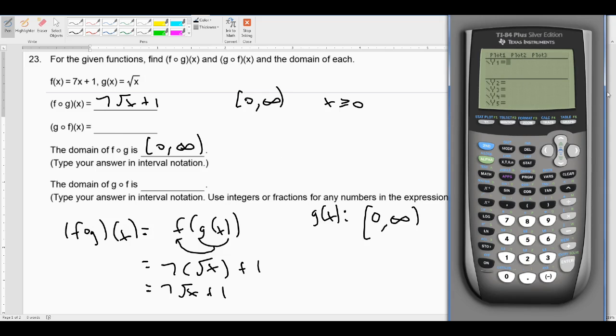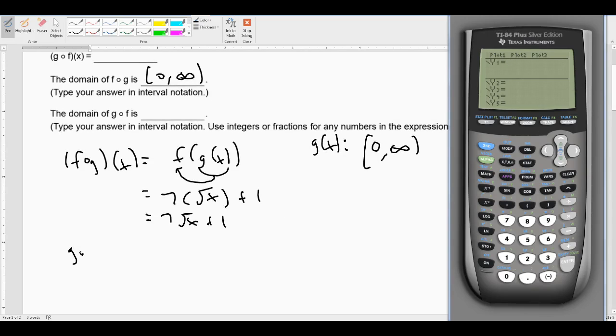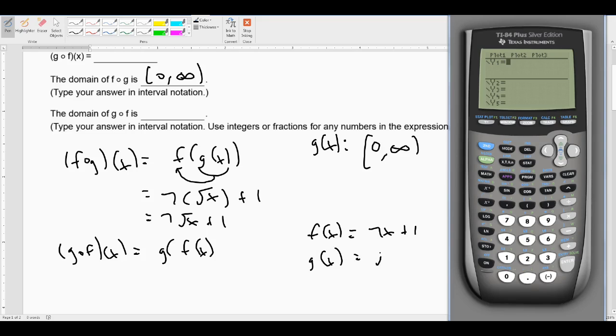Now we're going to go the other direction. We're going to do g of f of x. Using the same reasoning, I'm going to write down my two functions again. f of x is 7x plus 1 and g of x is the square root of x.